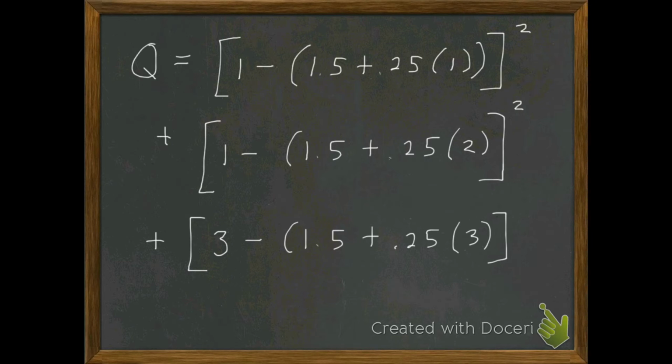And of course, guys, we need to square each of these terms. Now, give me a second to plug these into calculators. So, guys, the first term we get 1 minus 1.75 quantity squared, plus second term we get 1 minus 0.25, so it's going to be 2 quantity squared.